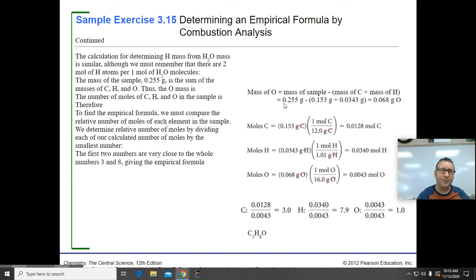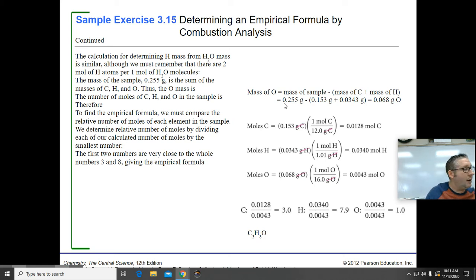Take a breath. Now that we have the mass in grams of all 3 components, we can then go into yesterday's flowchart. Okay? We can skip the mass percentage step, okay? We don't need to do that. We are starting at the gram step.